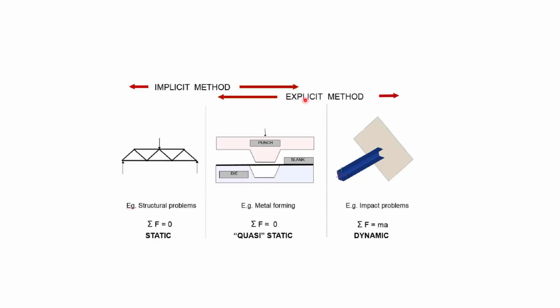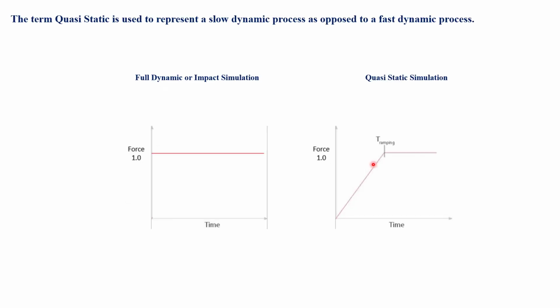Next we have the explicit analysis, which is completely impact analysis. It is done in a short duration, and we get the impact on the behavior with respect to nonlinear contacts, material, and geometry. That's the summary.